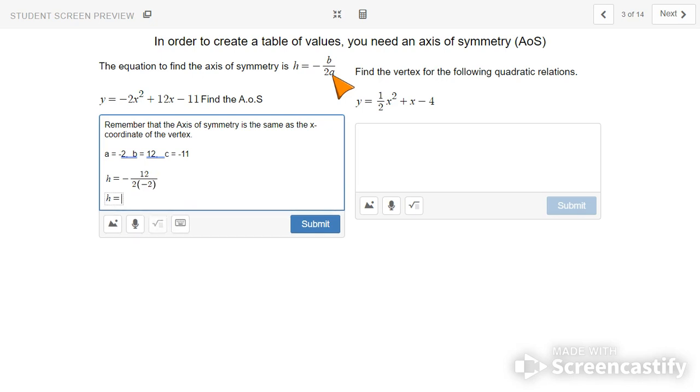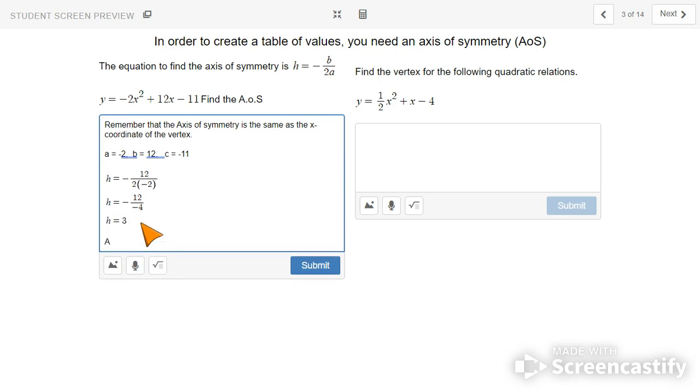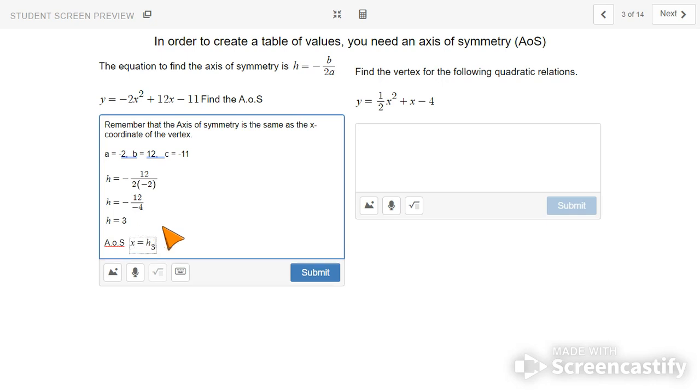Let's simplify: negative 12 over negative 4, and we have h is equal to 3. Now, if I know that h is equal to 3, I'm going to say the axis of symmetry is x is equal to 3.